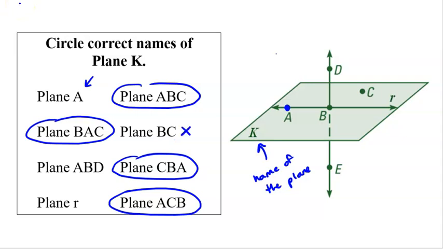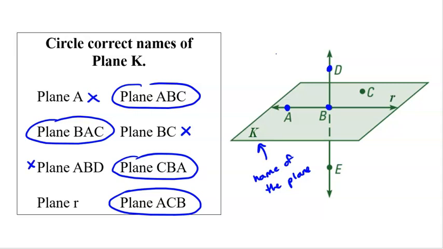So this one doesn't work either. And then it's asking us about plane ABD. While these have a plane that connect all of them, it is not the same as plane K. Point D is not on the plane, and so we wouldn't be able to use that one.